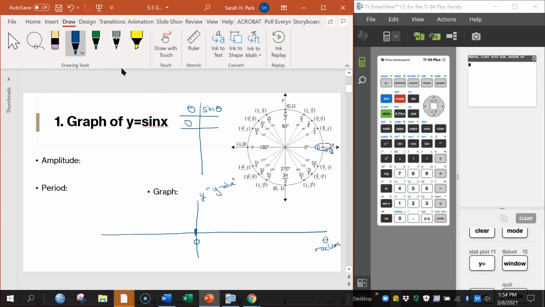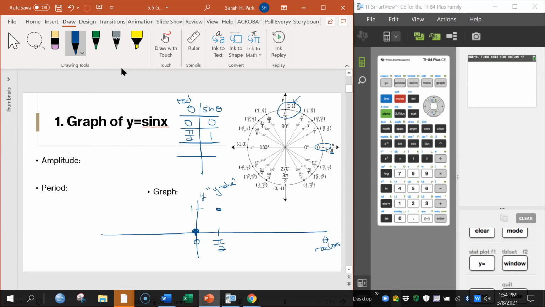When it's 0 radians, sine of 0 is equal to 0. So there's our first point. The second point we're going to focus on is pi over 2. When your angle is pi over 2, sine of pi over 2 is 1 because the y value of that coordinate is 1. So pi over 2 is 1.